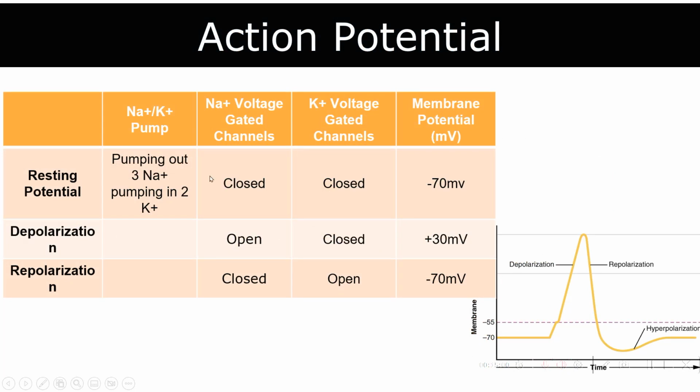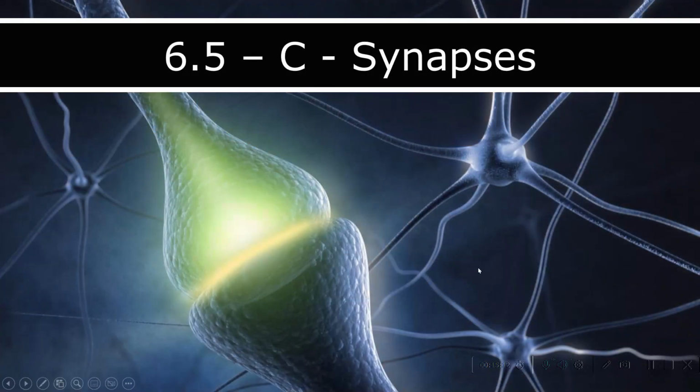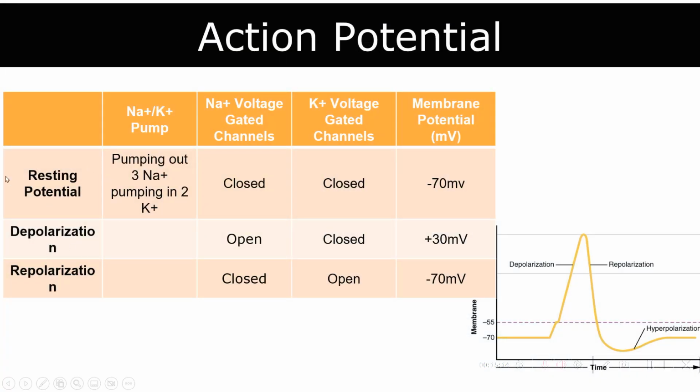And so if we look at the action potential, we have these different stages. We have resting potential here, depolarization, and then repolarization. It briefly goes into negative territory, which is called hyperpolarization. So in the resting state, this is where you have the activity of the sodium-potassium pump, which is pushing 3 sodiums out and 2 in.